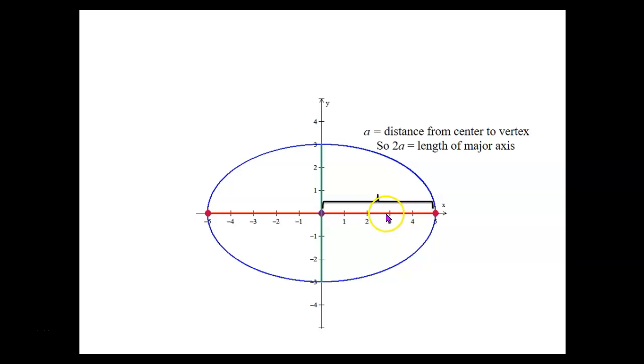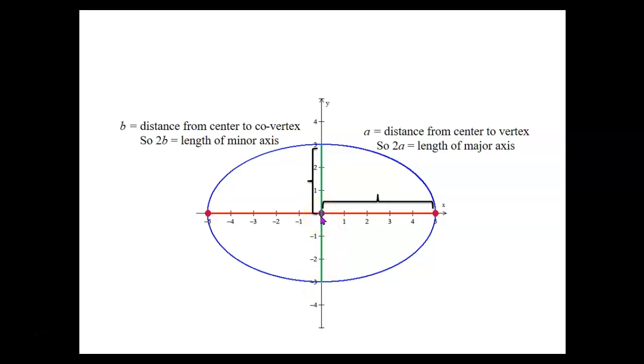And so 2 times a would be the length of the major axis from one vertex all the way across the ellipse to the other vertex. And we will use the letter b to stand for the distance from the center of the ellipse to one of the covertices. So 2 times b would be the length of the minor axis.